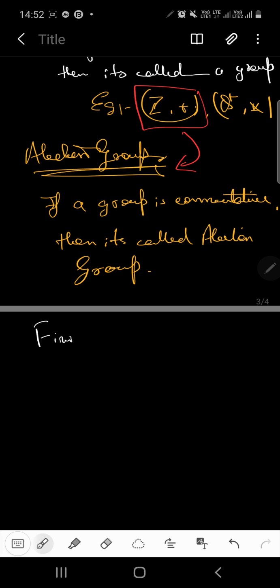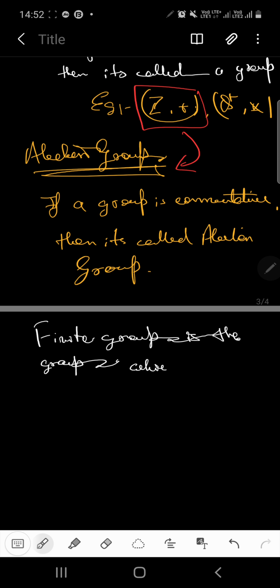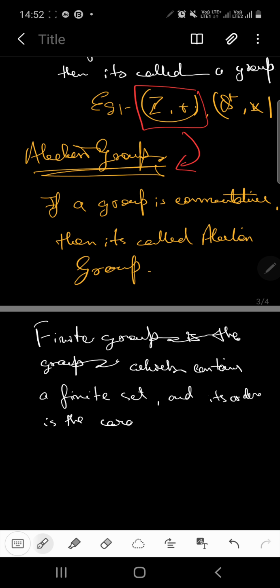A finite group is a group which contains a finite set, and its order is the cardinal number of the set.